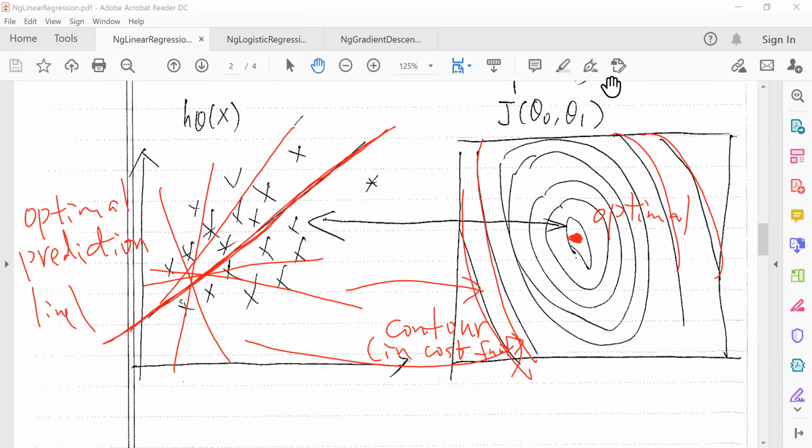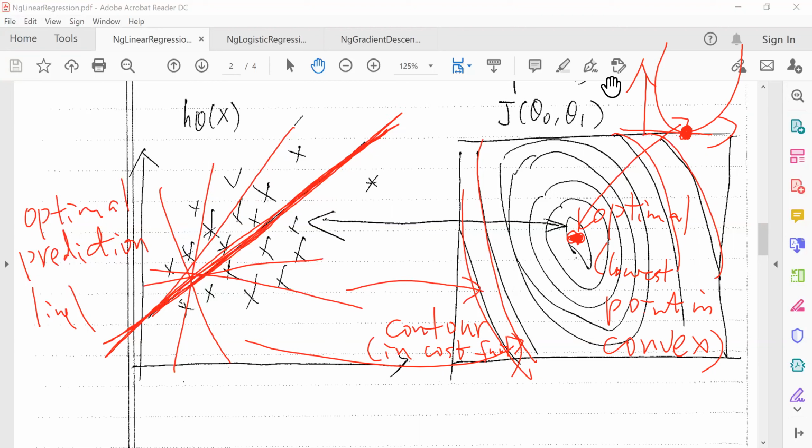This optimal point on the convex function means the minimum, the lowest point in that convex function. And when you find it, it matches this specific line.